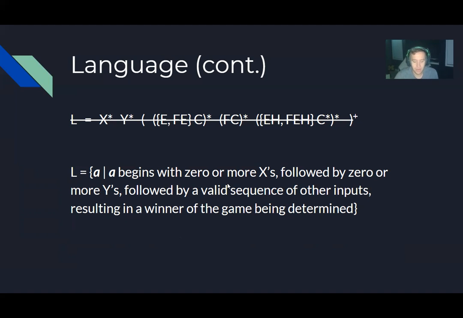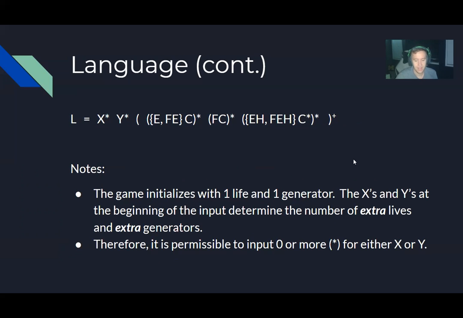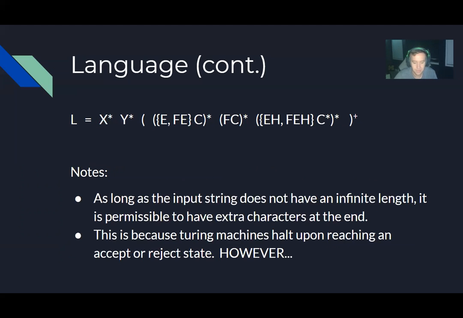Also, you might be wondering about 0 or more X's: what if it needs to determine a winner of the game, how is that the case? If there's 0 lives or 0 generators, it would be impossible to determine a winner. That's because, as I said here, the X's and Y's are actually the number of extras. So you automatically start with 1. That's just something to keep in mind.